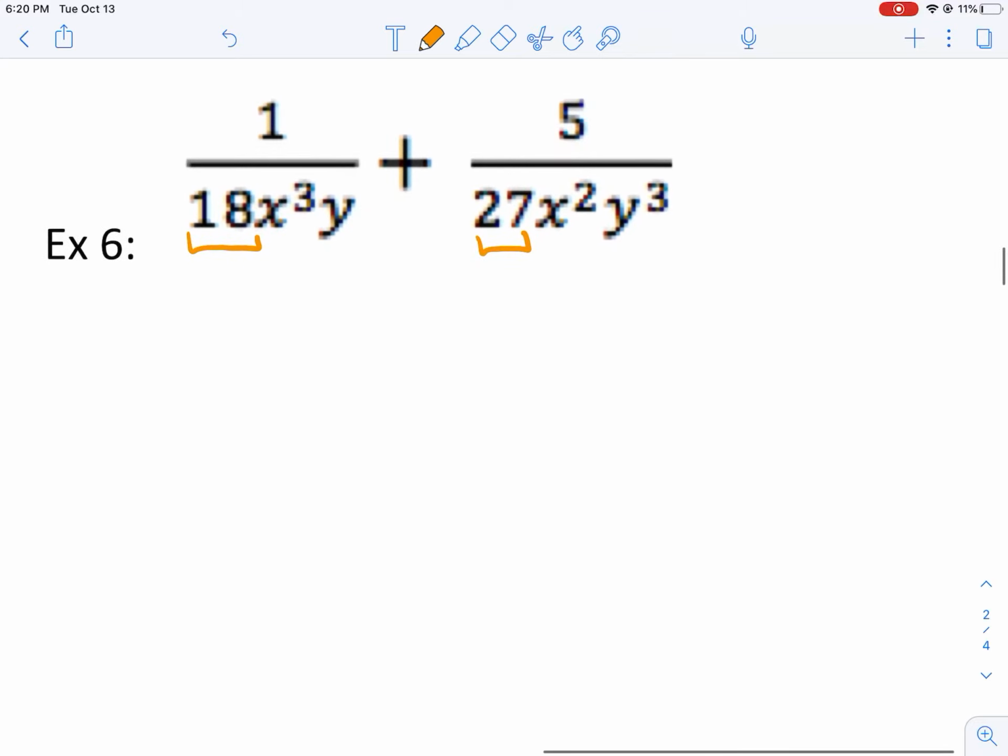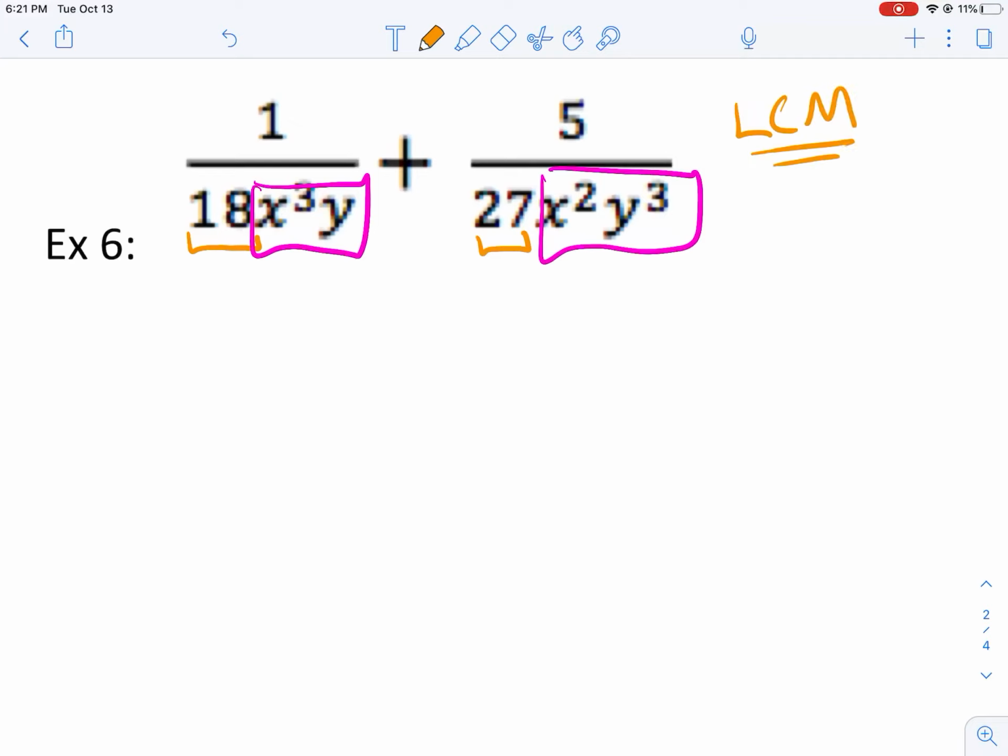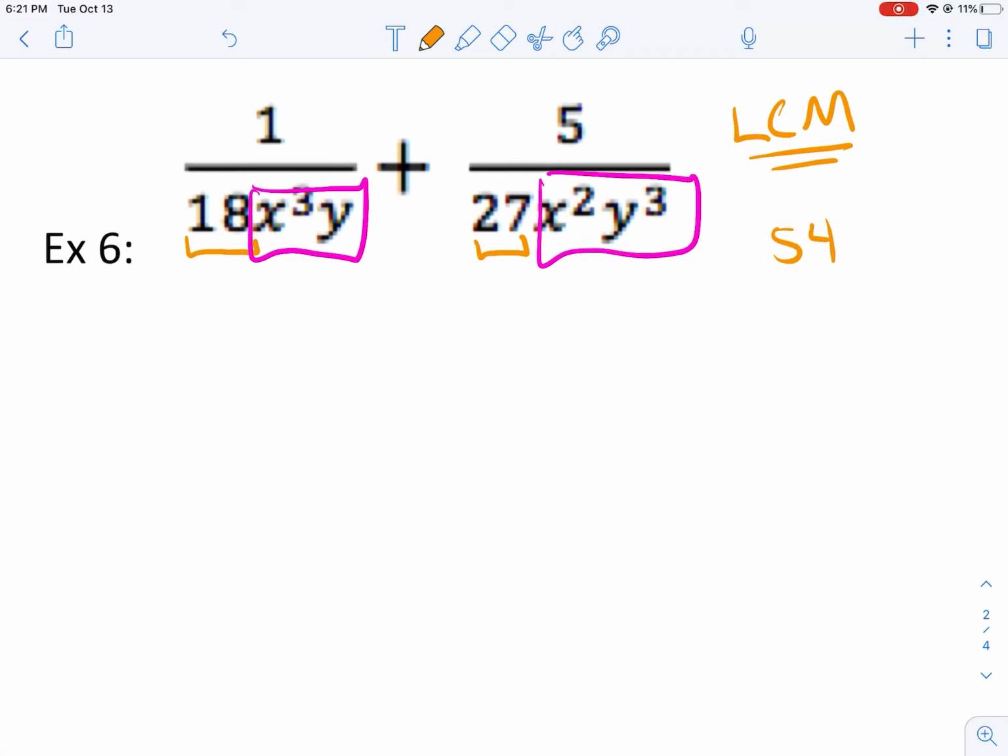So we could have a common denominator of 486. Hold on to the x's; we're just talking about the numbers for now. 486 seems really huge, so I'm going to use the least common multiple here, because I don't need a number that big. I just want something that these things both turn into, but relatively small, and that number is 54.